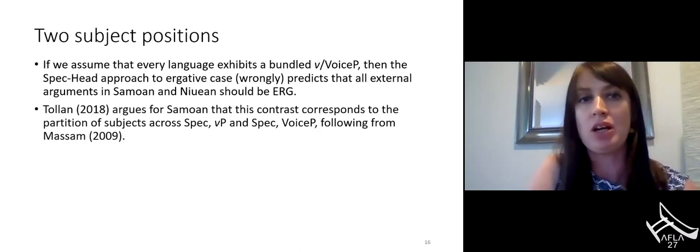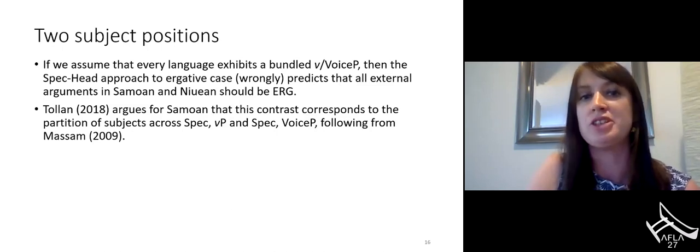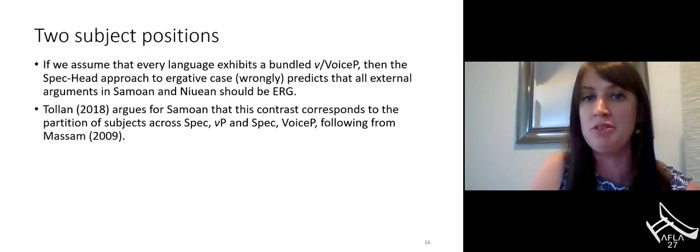And in previous work, I've argued for Samoan that this contrast corresponds to the partition of subjects across spec of little vP and spec of voice P, following Massam 2009. So spec vP introduces subjects that end up getting absolutive case, and spec voice P introduces subjects that end up getting ergative case.